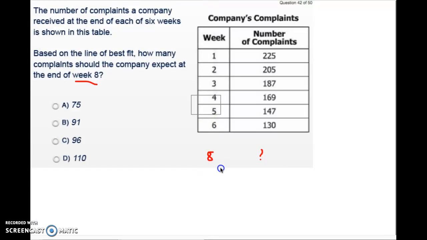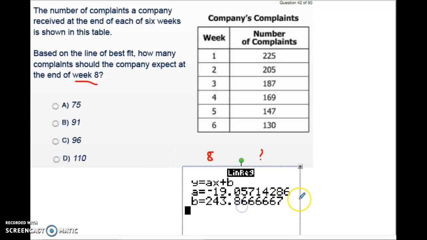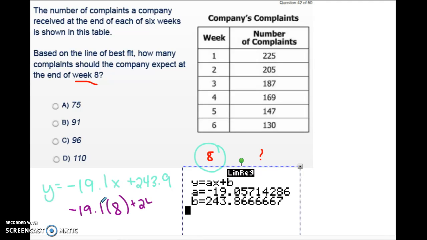Now, it looks exactly the same, right? So it showed me that my equation is a negative 19.1x plus a 243.9. So if you didn't do the y1, what we're going to do is we're going to plug an 8 in to this equation. So we're going to type in a negative 19.1 times an 8 plus a 243.9.